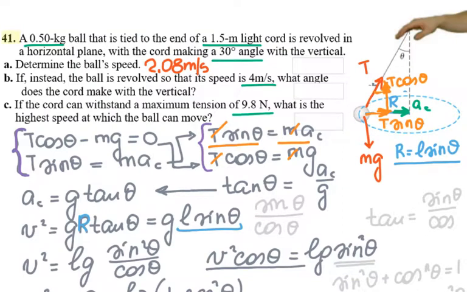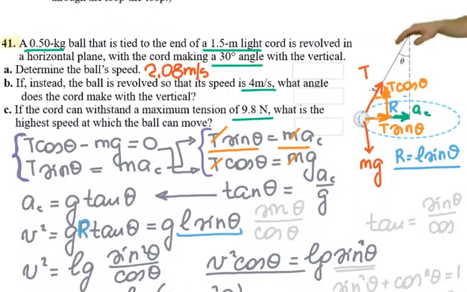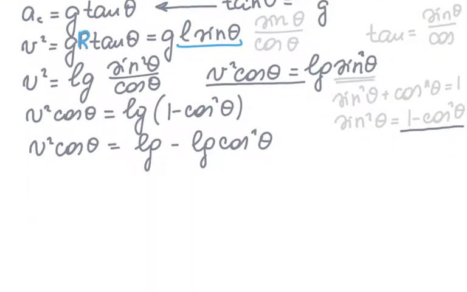Now L is 1.5, and for B, they have a velocity of 4 meters per second. So I have 16, because it's 4 squared, cosine theta equals L g, which gives me 15, minus L g, which is again 15, cosine squared theta.